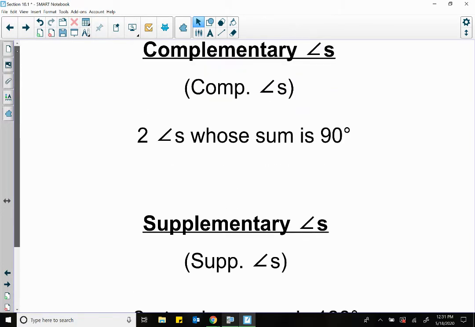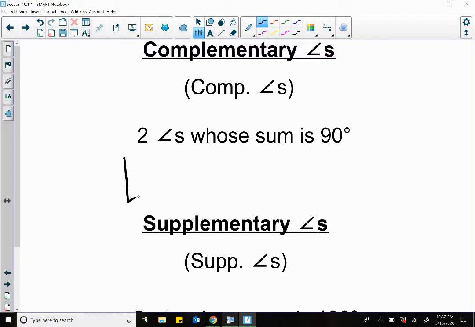Now, just about these angles, complementary and supplementary, the angles can touch, but they don't have to. What I mean by that is I could have a 60 degree angle right here and a 30 degree angle right over here.